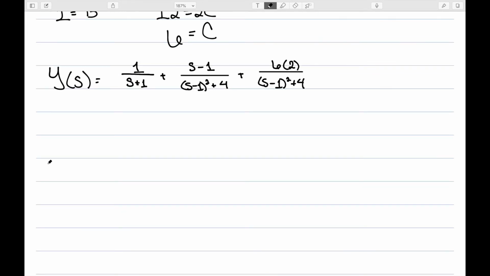Now we just need to take the inverse transform of this. The inverse transform of 1 over s plus 1, according to our table, is going to be e to the minus t.